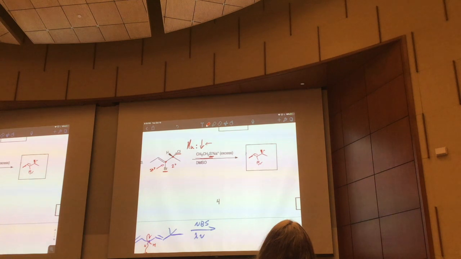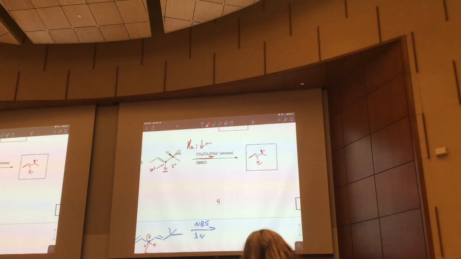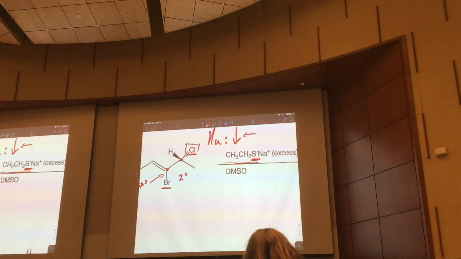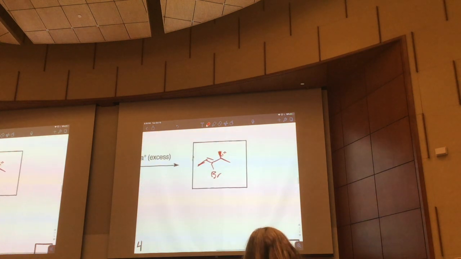We're going to put it on the wedge, to invert the stereochemistry. If we put it on the dash, we would be retaining stereochemistry, or we would have the retention product. We wouldn't change our stereochemistry. In this case, we want to put it on the wedge so that it's opposite from our chlorine. Our chlorine is on the dash. We want to put it on the wedge now.